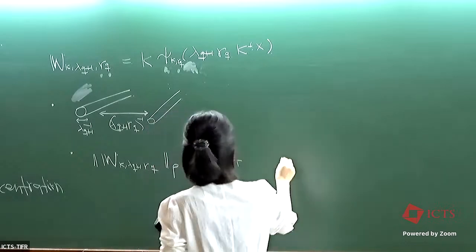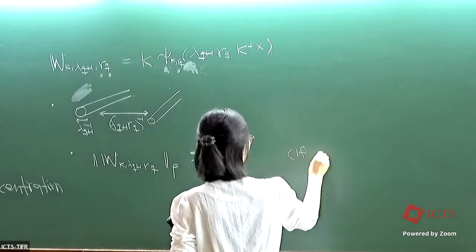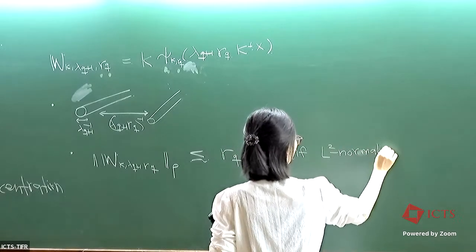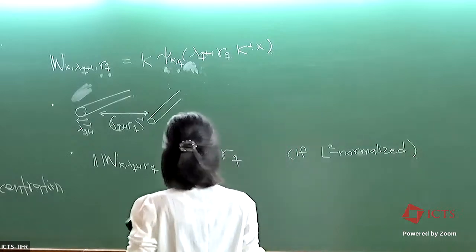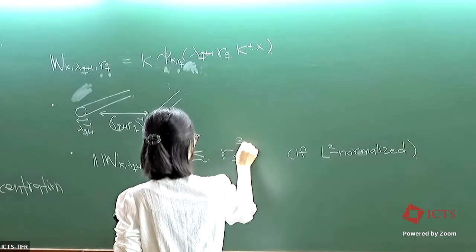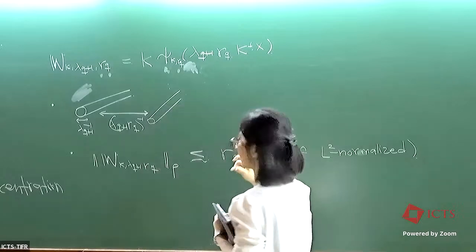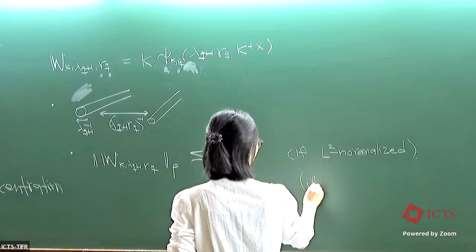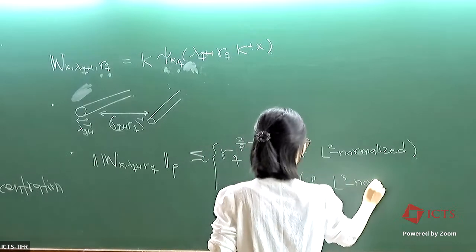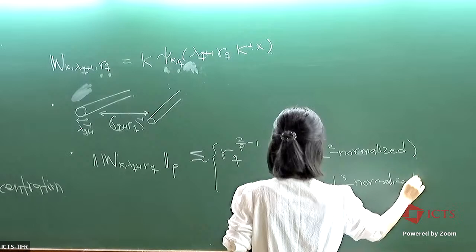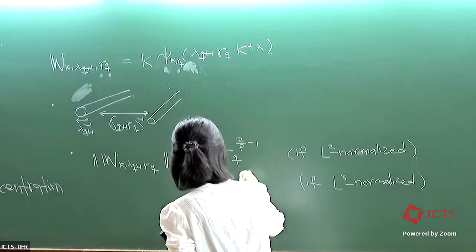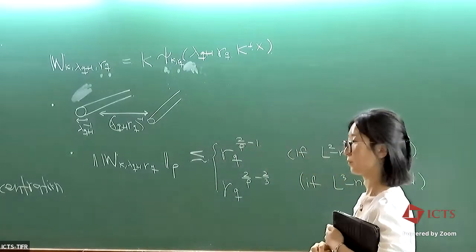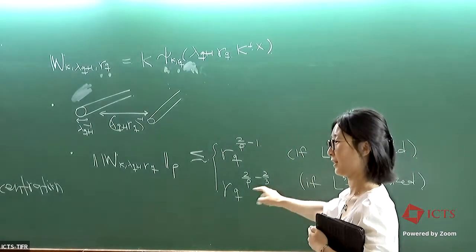And there are two cases. If it's L2 normalized, then what you have is 2 over P minus 1. So this is the power. But if it's L3 normalized, you will see the power 2P and 2 over 3. Does this answer your question?